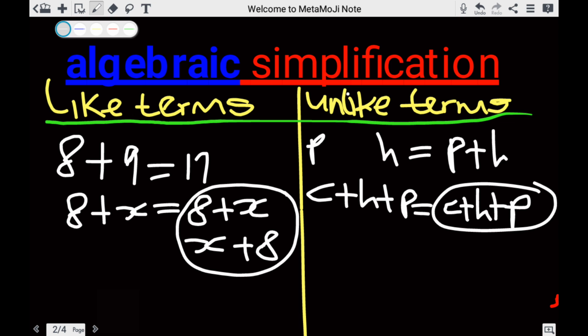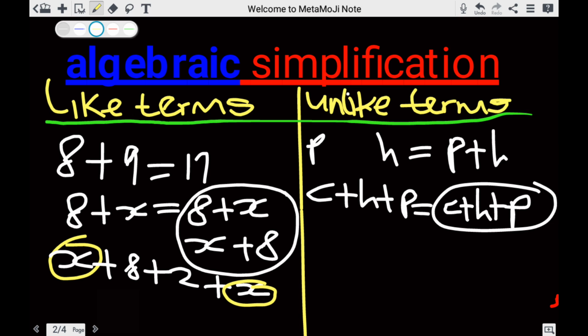So what about s plus 8 plus 2 plus s? How many terms are like terms here? If you recall what I've just taught you, s and s are like terms and 8 and 2 are like terms.